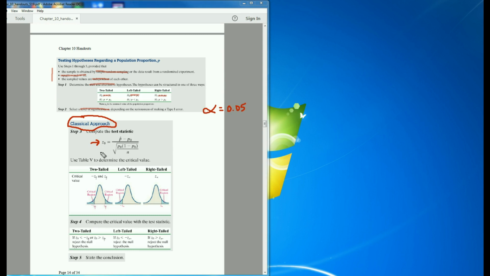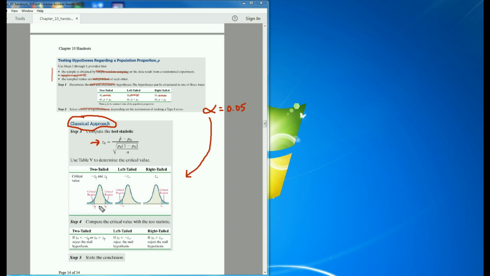Once you calculate that, based on your significance level and what type of test it is, you look up your critical values, which tell you where your critical or rejection regions are, and you compare your test statistic with the critical value.